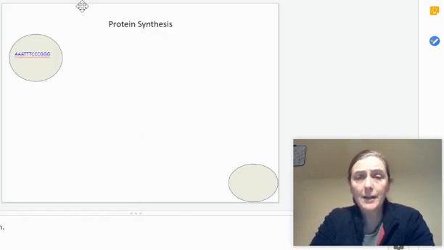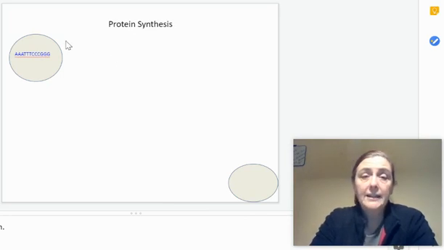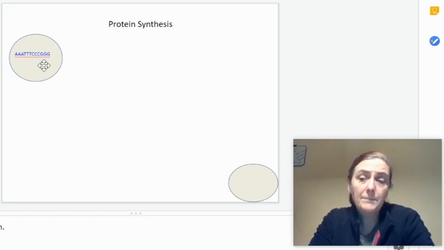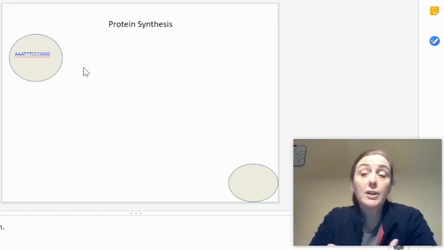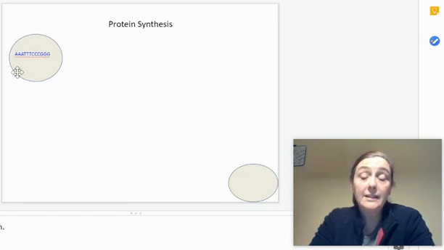So I want you to imagine that this slide is one cell, okay? And here we have an organelle. If you look in there, this blue thing has AAA, TTT, CCC, GGG. Given that information, what kind of molecule are we talking about here? It's a DNA molecule, and you can tell because it has TTT, but it's funny because it's only got 1 strand.